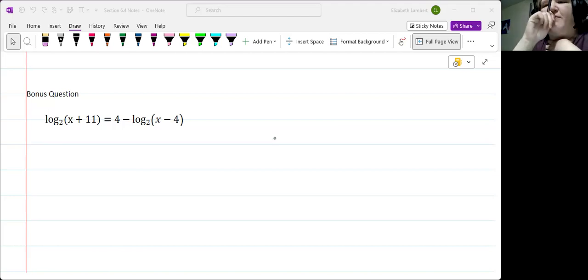All right, so when you have a number that doesn't have a log, but everything else does, get the everything else all to one side. So we're going to add that log base 2 of x minus 4 to both sides.